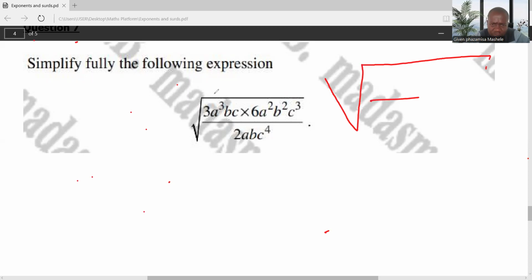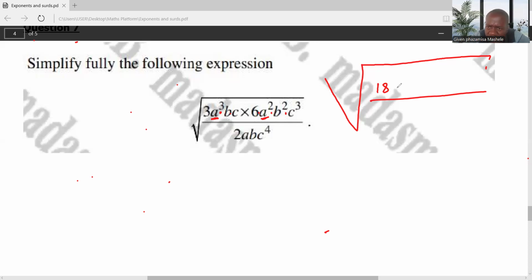Look here. In between here, there's multiplication throughout. So it means at the numerator, we can use the multiplication law. We can say 3 multiplied by 6 is actually 18. Then look at this, a to the power of 3 with a to the power of 2. Since everything is multiplication, we can use the multiplication law: the bases are the same, we take one base and we add.